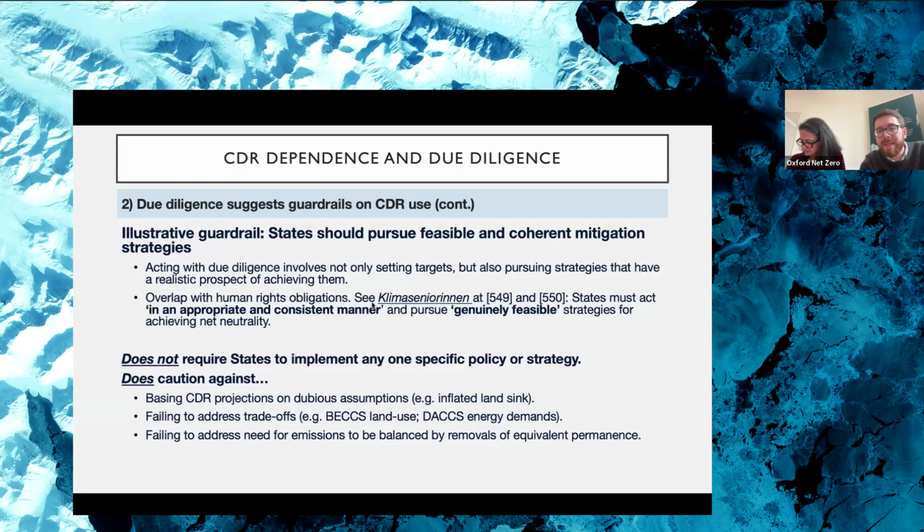But what it is going to tell you is that in your strategy for getting to net zero, you shouldn't be basing your strategy on dubious assumptions. For example, inflated projections of the land sink, which was also a topic of Miles's talk, or failing to address potential trade-offs between different forms of CDR or between those forms of CDR and other mitigation priorities.